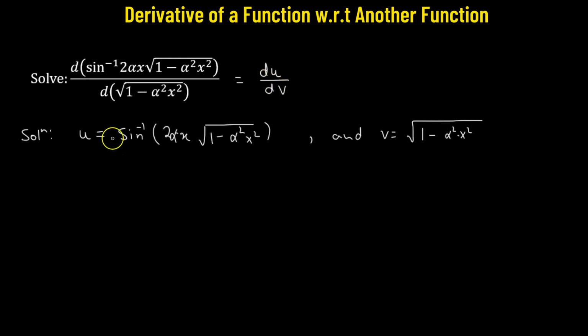To do that, we will need to find the derivative of u with respect to x as well as the derivative of v with respect to x. But before finding the derivative, let's simplify the expression on the right side of u by making a trigonometric substitution.